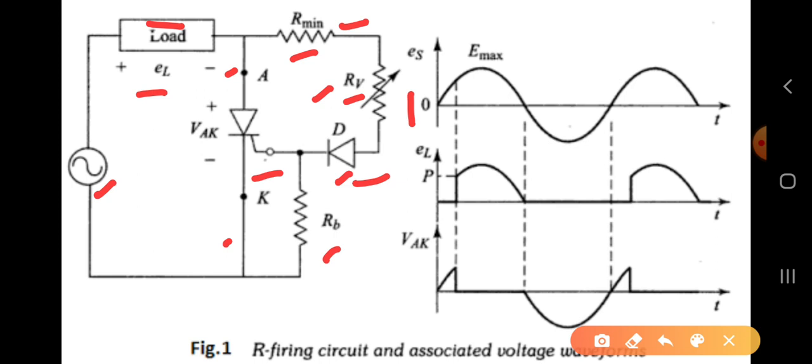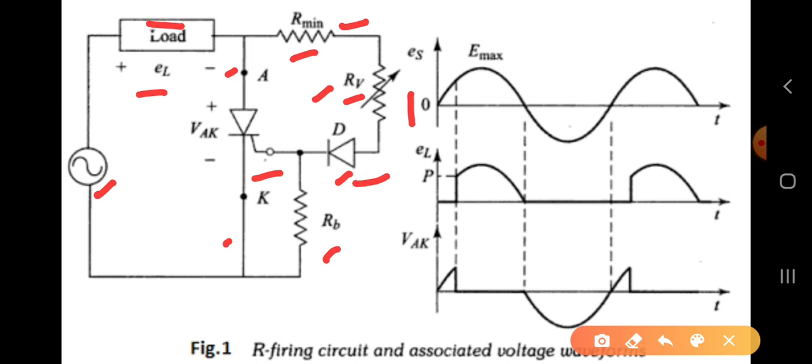If it is trying to block the current, it will not allow the current to be given to the gate. So slowly it will allow the current by taking the time. So the SCR takes time, it delays to turn on. This is the concept of how we turn on the SCR with the help of the R.